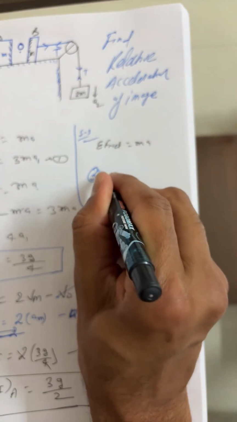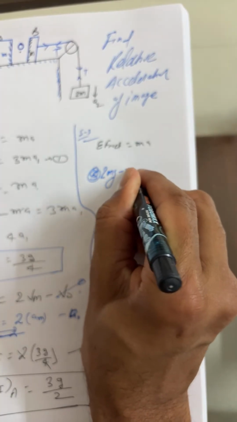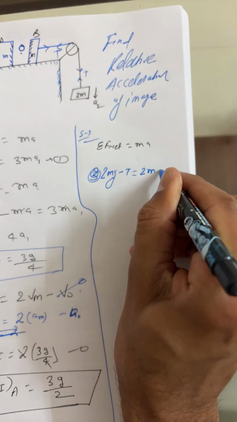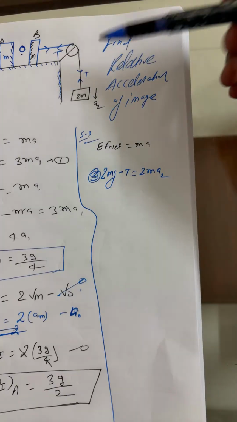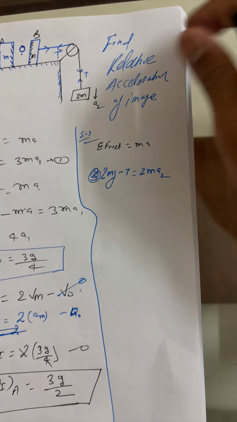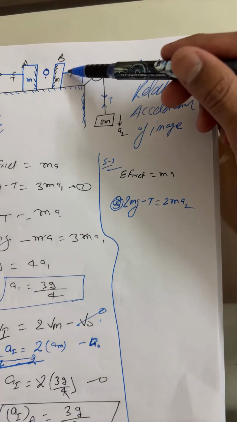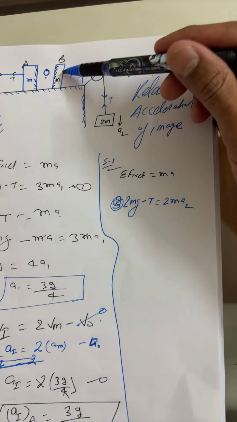So you can write this is 2mg minus T equals 2ma2. Now from this diagram you can easily write, my dear students, the system is coming down, so only tension is acting on this block.